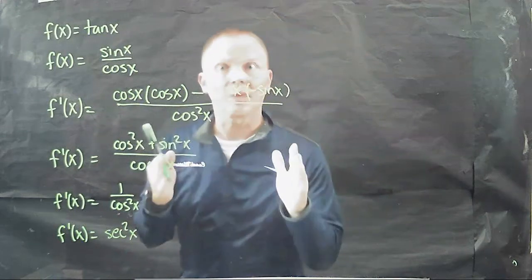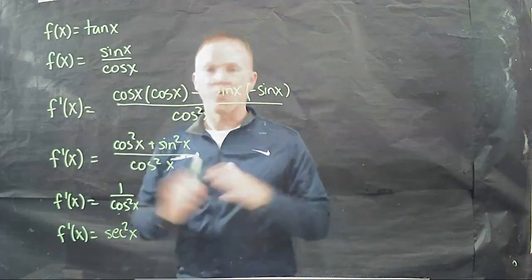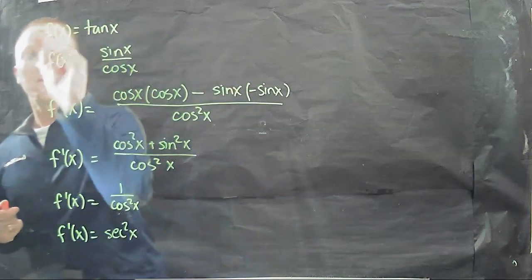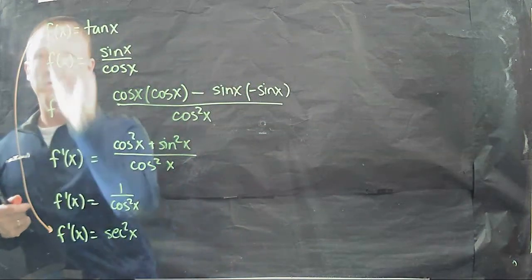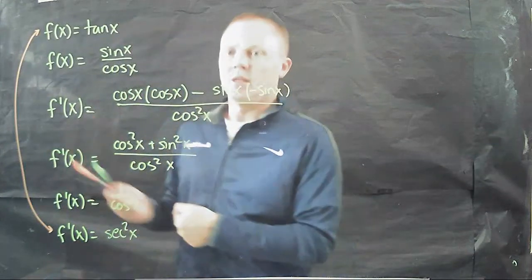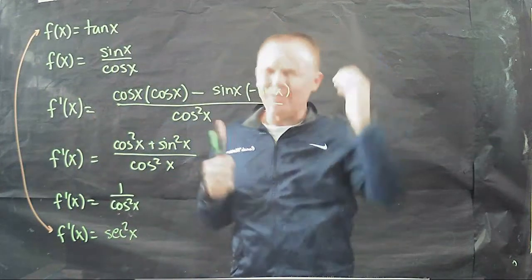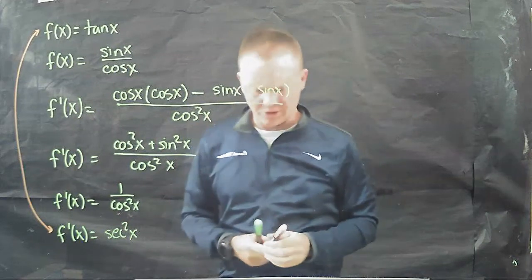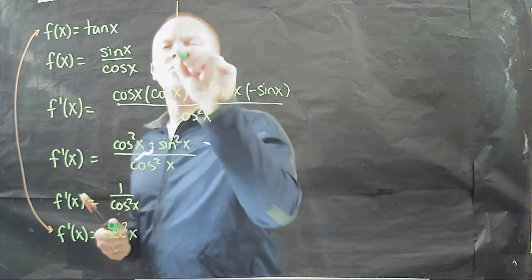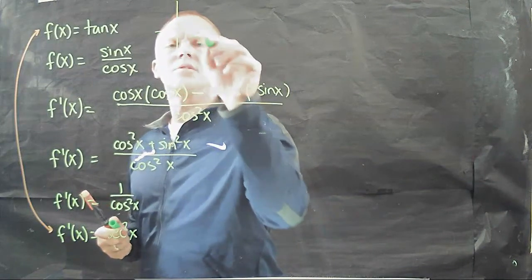Now I want you to stop and think for a second, okay? Before we do anything else, I want you to make some connections. I want everybody, if you could, dig deep and think about what the graph of the tangent function looks like. If you remember the graph of the tangent function, maybe you remember it looks something like this.